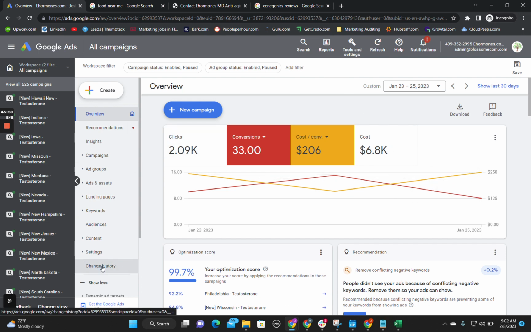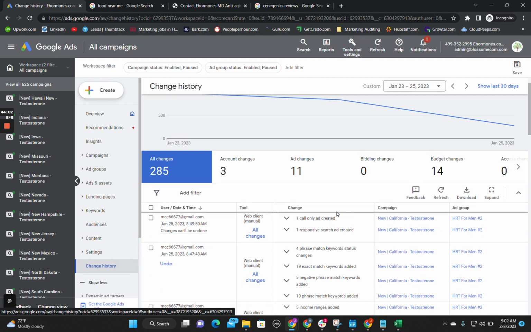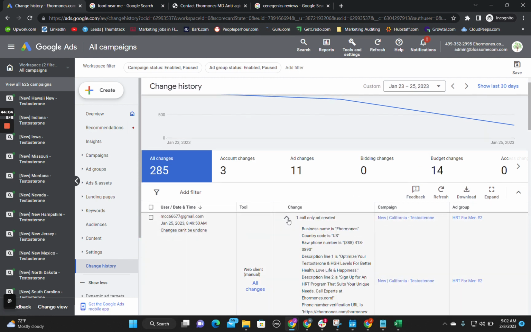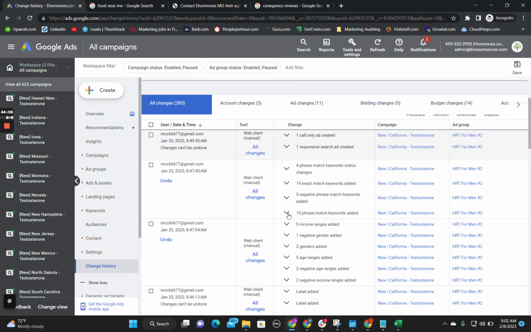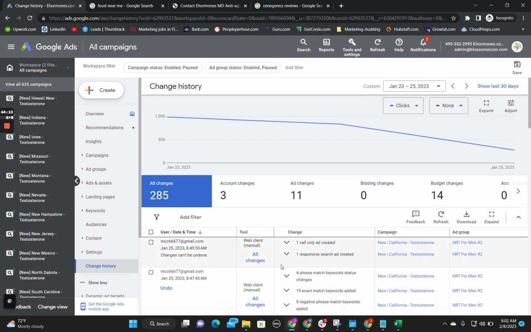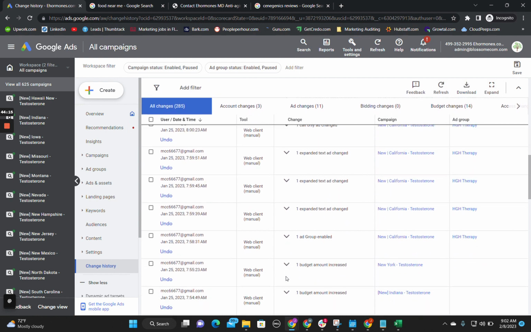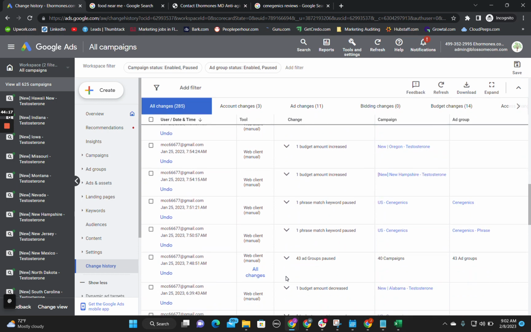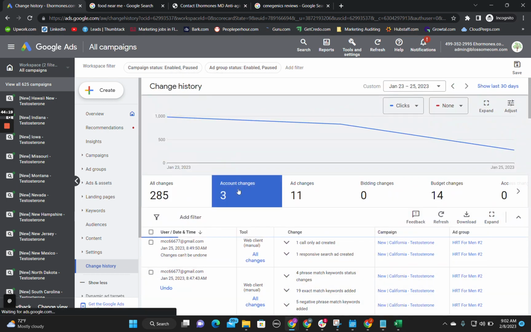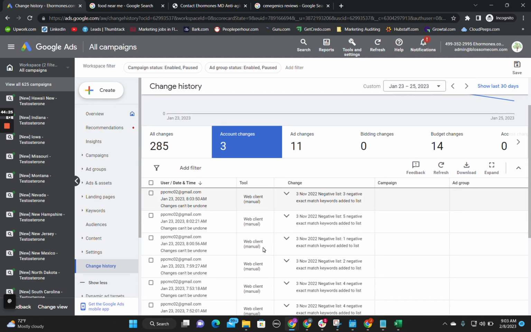So now we're going to come over in the change history, just within that time frame. They had a call-only ad created. How many? Oh, 285 changes. Oh, my gracious. Okay, so now that we have all this, let's first check account changes. Ad changes will more than likely not play a role in this. That's where we're coming here.